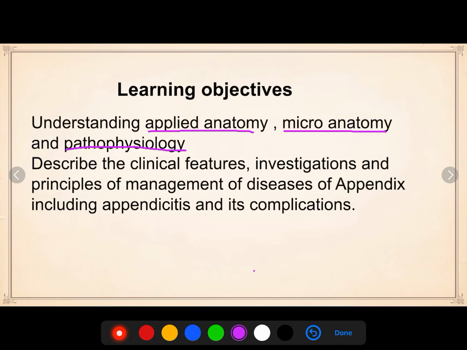Describe the clinical features, investigations, and principle of management of diseases of appendix, اللي هي تشمل الأكيوت appendicitis and its complications بالإضافة إلى appendicular tumor.